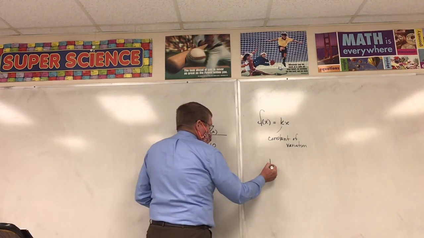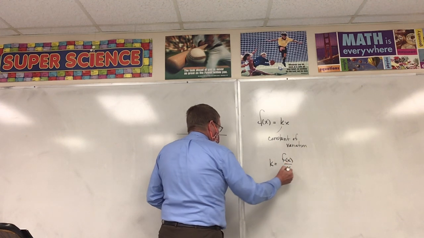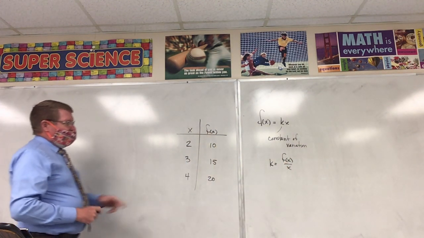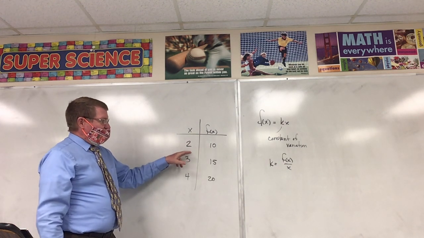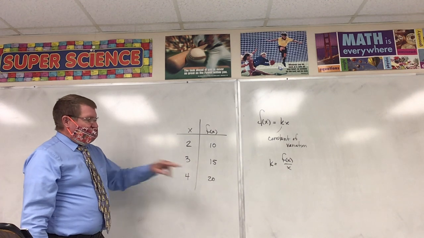I can always find my k, my constant of variation, by taking f of x divided by x. If I take 10 divided by 2, I get 5. 15 divided by 3, I get 5. 20 divided by 4, I get 5.